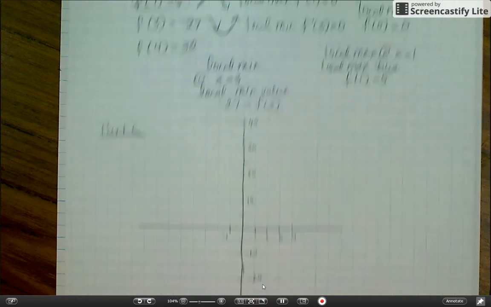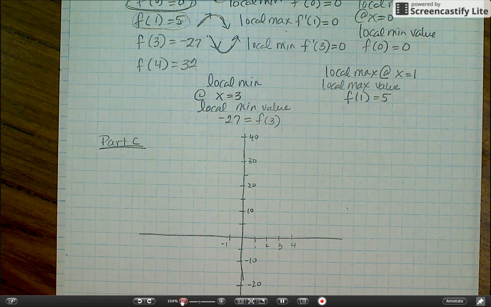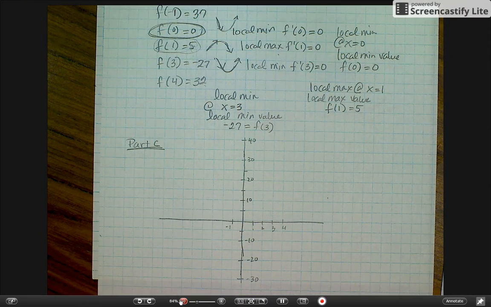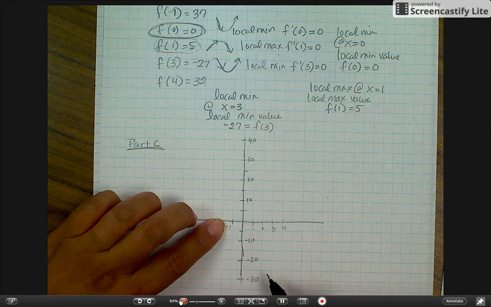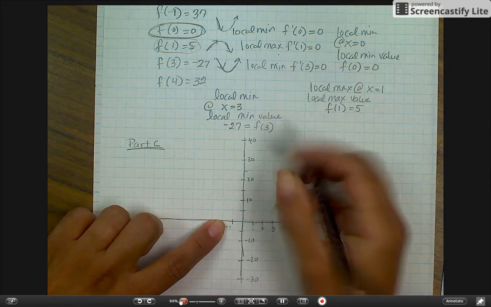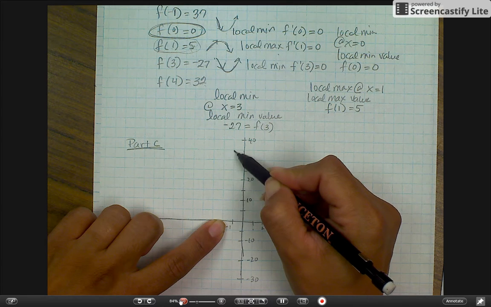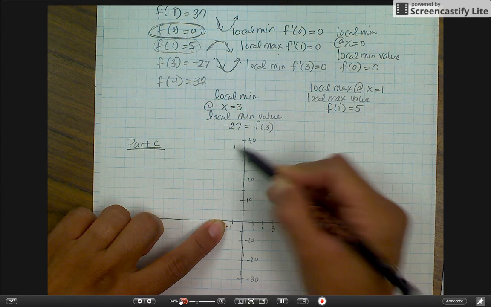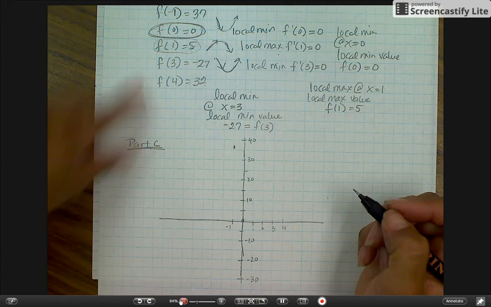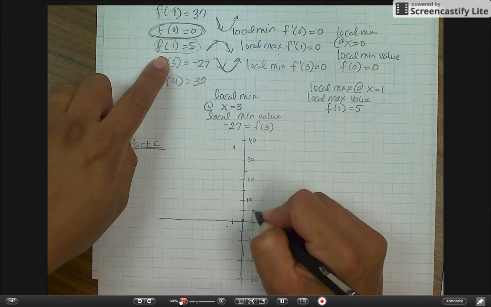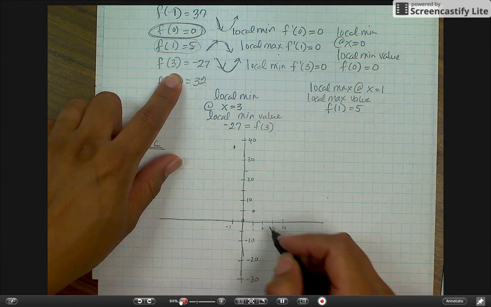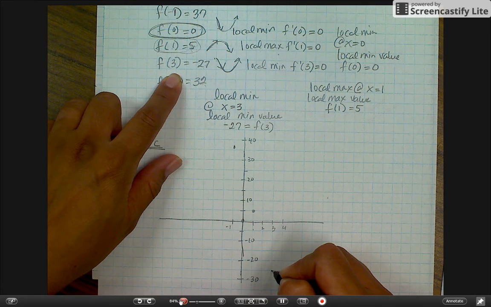All right, so I will just start plotting my points. Negative 1 is positive 37, so 37-ish, right about here. 0 is going to be 0. 1 is going to be 5. And 3 is negative 27.